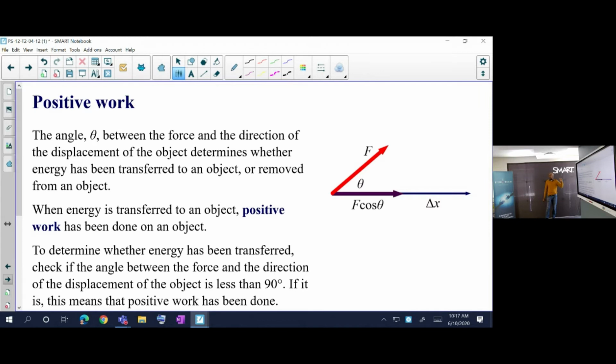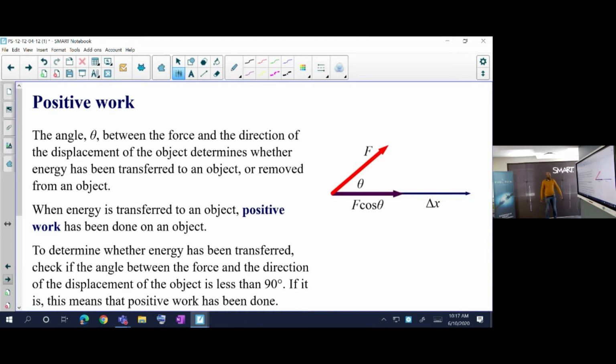When it comes to positive, like I said earlier, the energy has been transferred to an object. Obviously, it's positive. If you look at that, we have a direction towards the right. You have to choose from the Cartesian plane. You can say on my right hand side is positive, on my left hand side is negative.